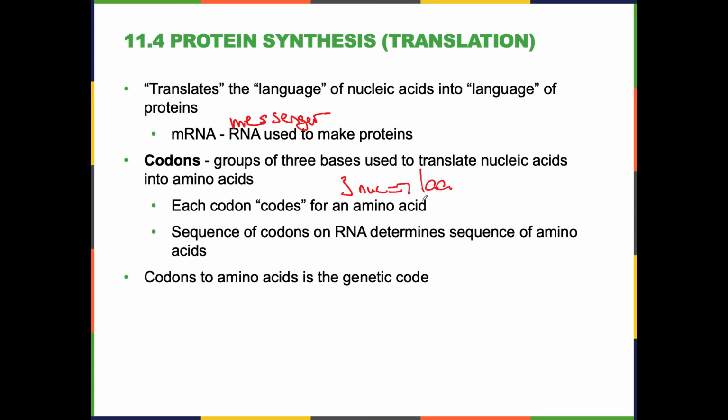It's the sequence of codons on the RNA that determines the sequence of amino acids, which is our primary sequence, which then leads to our secondary sequence of folding, our tertiary as things come together. Then we have a completely formed, fully functional protein. So at the end of translation, we'll have a protein or polypeptide that goes on to do what it's supposed to do. And this conversion of codons to amino acids is what we call the genetic code.